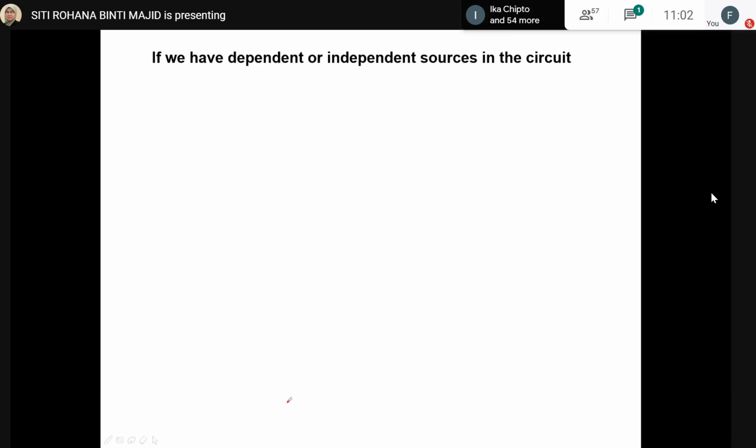Let's say if you do not polish your skill in loop equation writing, if you have dependent or independent sources, especially dependent sources, it will be more confusing, and it also becomes more difficult for you to understand.